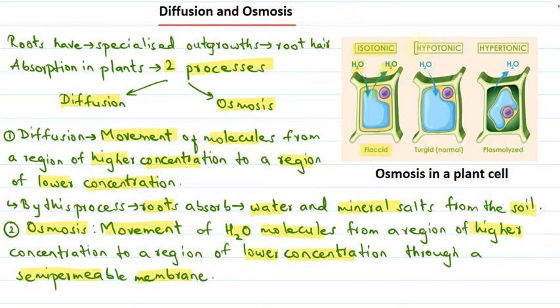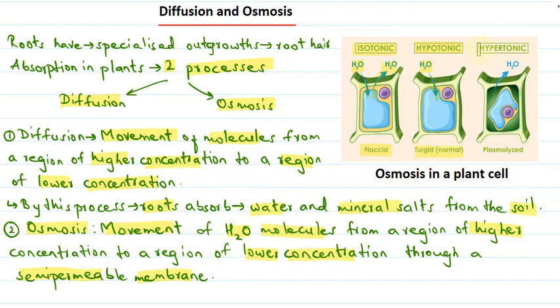Then in case of hypotonic condition, the external solution is more dilute. Hence water moves from the exterior into the interior of the cell. When water moves inside, the cells swell up and this increases the turgidity of the cell. So in hypotonic condition, the plant cell becomes more turgid.